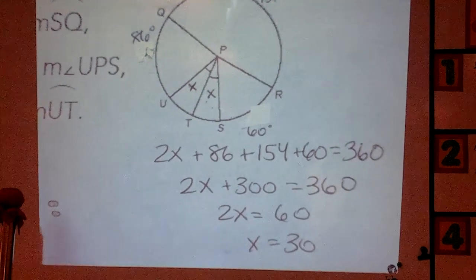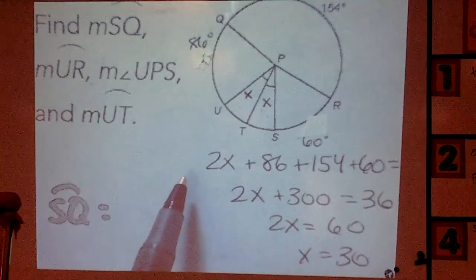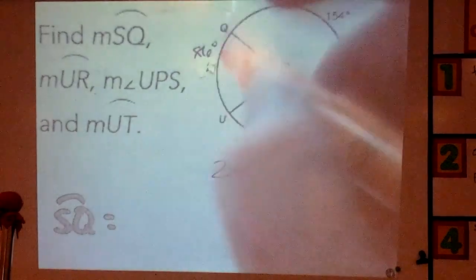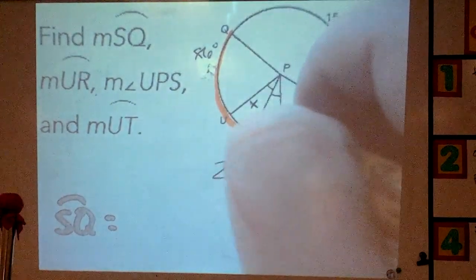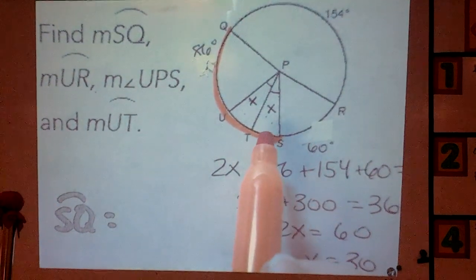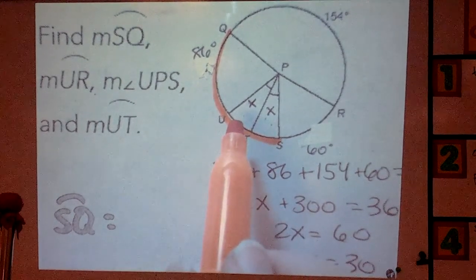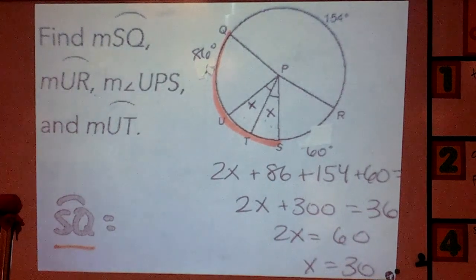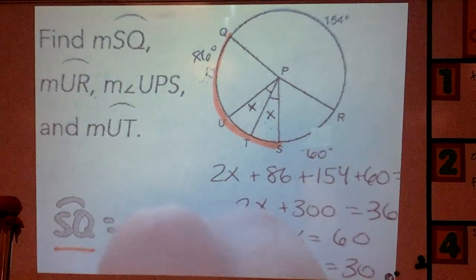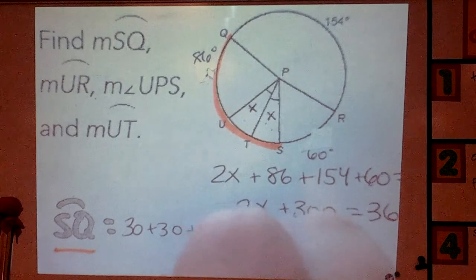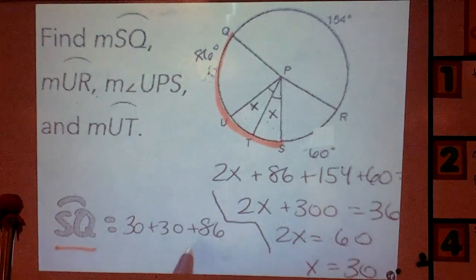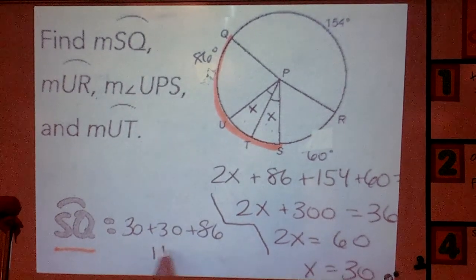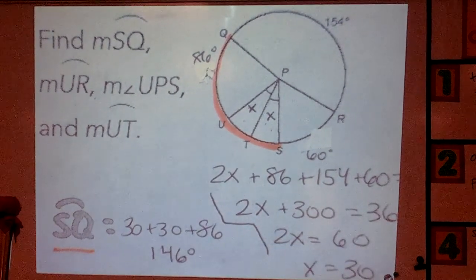The first question is, what is arc SQ? SQ has the 30 degrees plus the 30 degrees plus the 86. So 30 plus 30 plus 86 would give me 146 degrees.